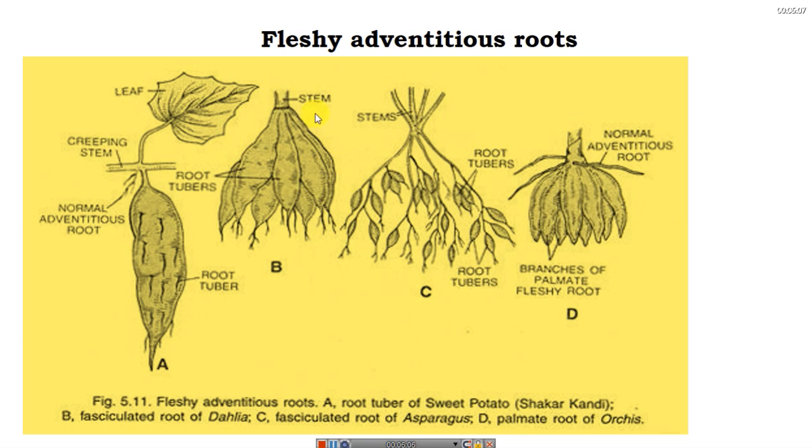Okay, so this figure B shows you the fasciculated roots of the Dahlia, while in case of asparagus you see the fasciculated roots at different places in the fibrous root system. And in figure D you are seeing again fleshy adventitious roots of palmate type found in orchids. Okay, so you have a palm-like structure made up of fleshy roots.